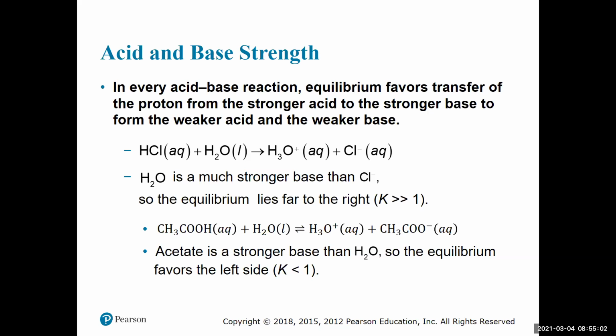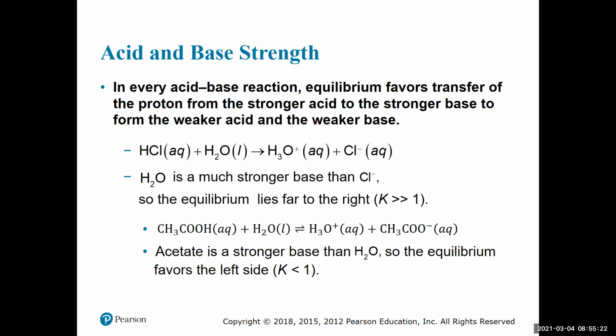That's the acetate ion. Acetate is actually a stronger base than water, so more of this will stay in the acid form of acetic acid. So the equilibrium will shift that way a little bit.